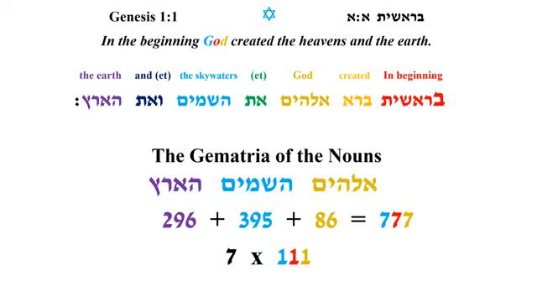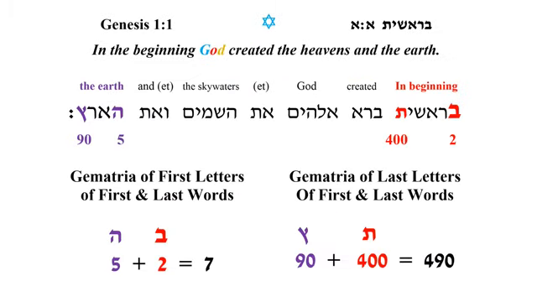If you take the gematria values, remember those little gematria values? Let's stick them in here. Elohim adds up to 86. Hashemayim is 395. Haaretz is 296. It adds up to 777, which is 7 times 111, which again is pointing to his Trinity, big time.